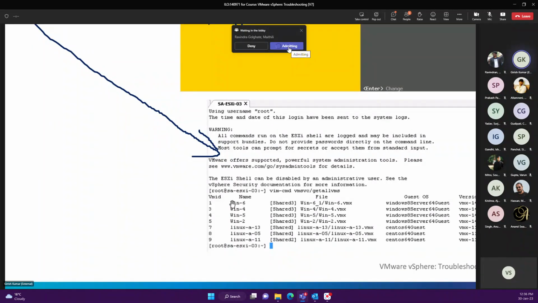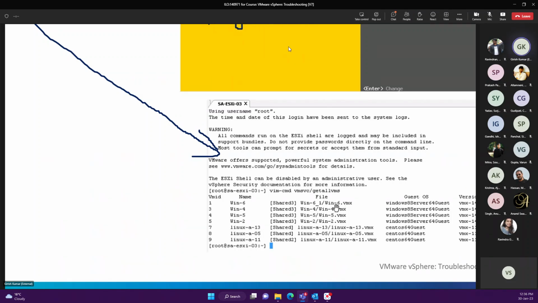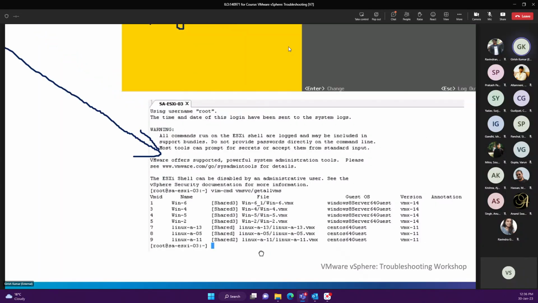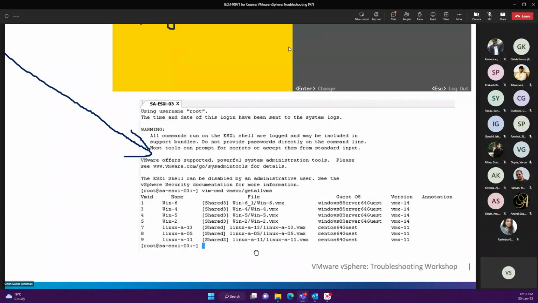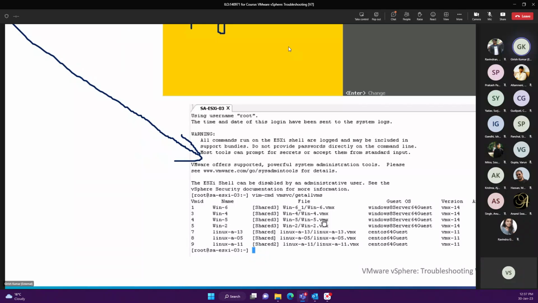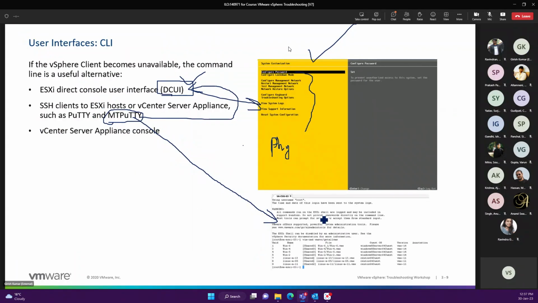Want to see all the registered virtual machines on the ESXi host? You can run the command getallvms. It shows you where the VMX configuration file exists, in which virtual machine folder, and which VMFS datastore that folder exists on. This kind of information we can get through SSH.